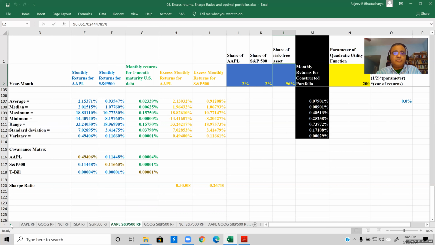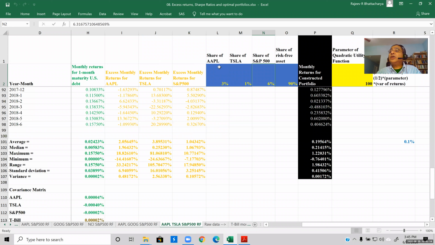Okay, let's make this a bit more interesting, where we have 4 candidate securities. Apple, which is, as we have seen, a solid security, 0.3 Sharpe ratio. Tesla, which is very high return, but also high volatility. The market over this time period is like 0.23.